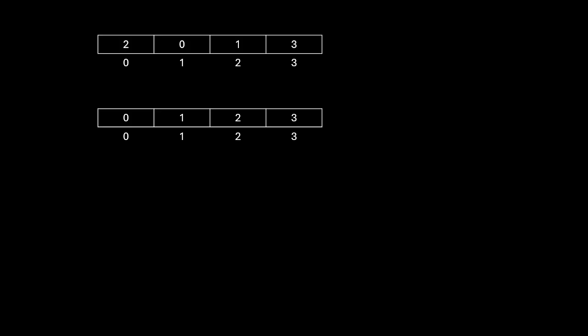But how is that going to help us? So for example, if we are iterating through this nums1 array with index i, suppose our i is at index 0 and our j is at index 1, and our k is at index 2.